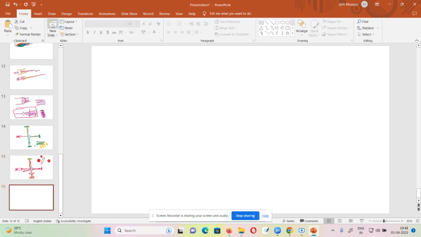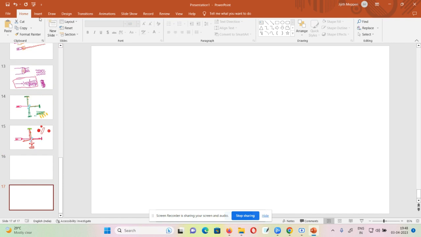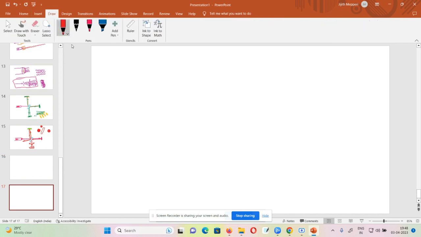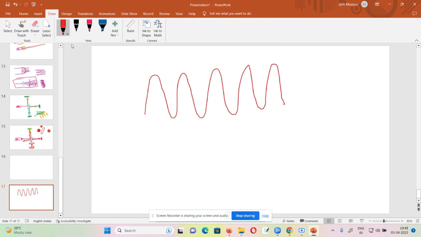There will be interference. How will they interfere? Now I can say that I have a wave. If they are in the same position, then I have the same wave, something like this.